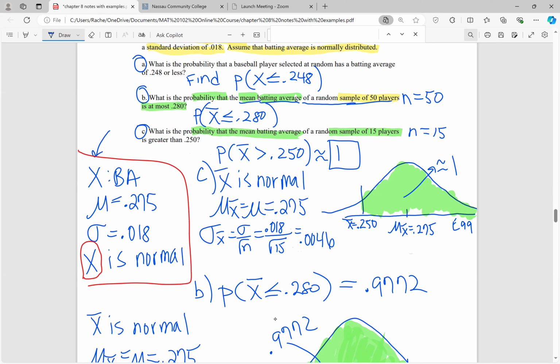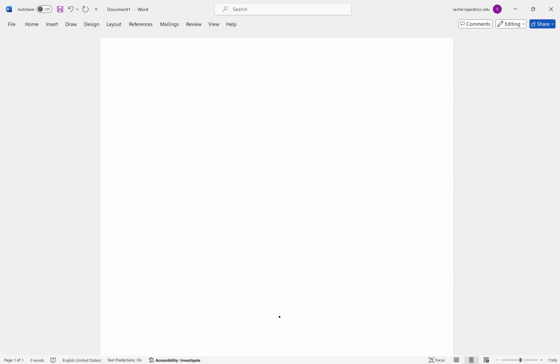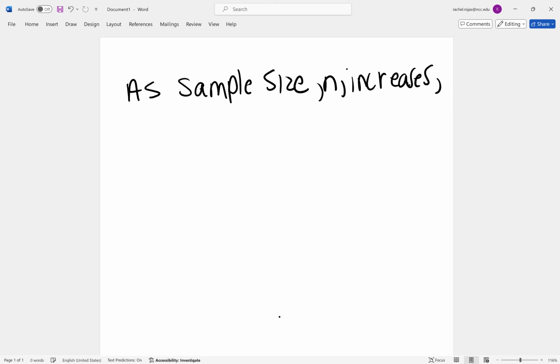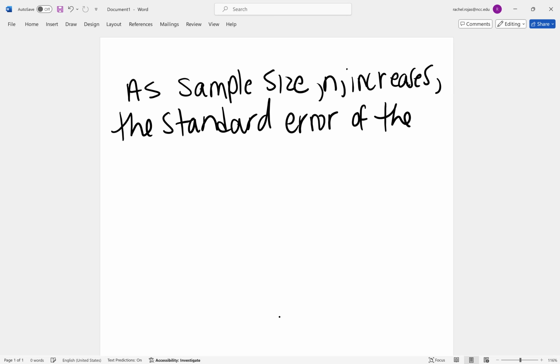So before we wrap up this lecture, and in the next lecture, we'll do a couple more examples, I just want to write down something important on the whiteboard. So as sample size n increases, the standard error of the mean, which is sigma sub x bar, it decreases.